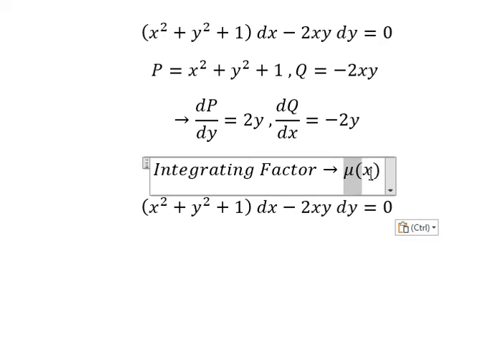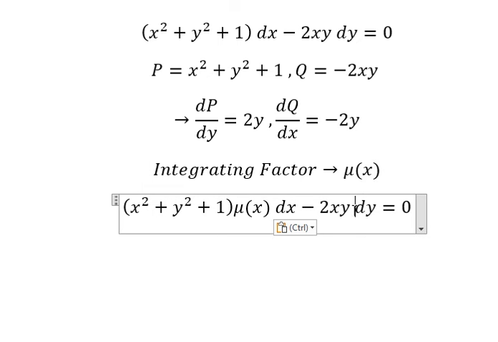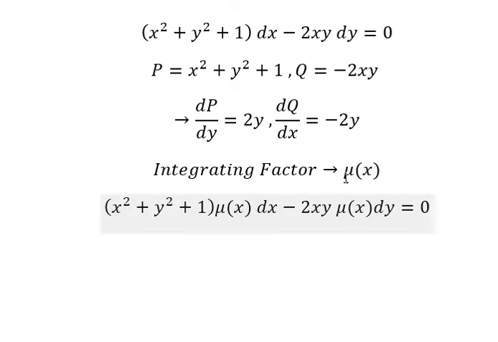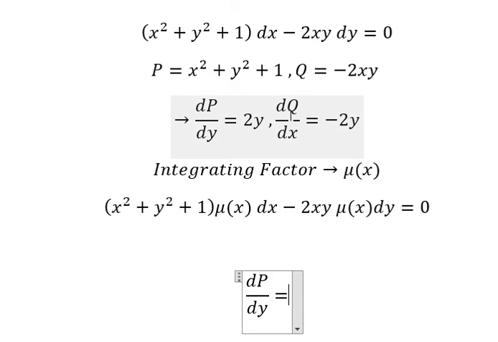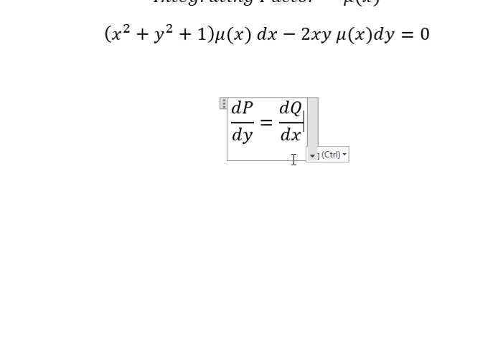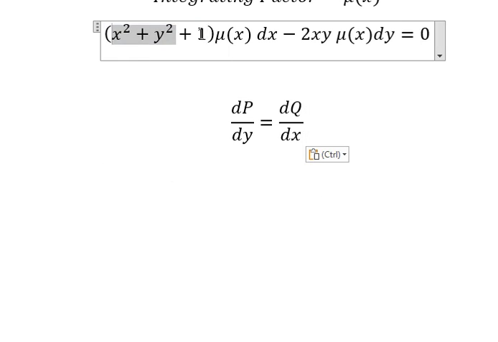So we multiply both sides by mu s. And now we want this one equals to this one. So b in this situation is this one. Q in this situation is this one.